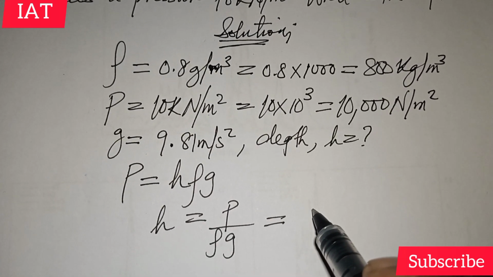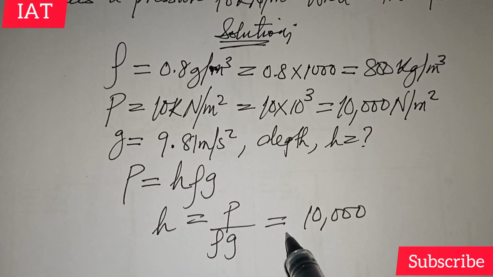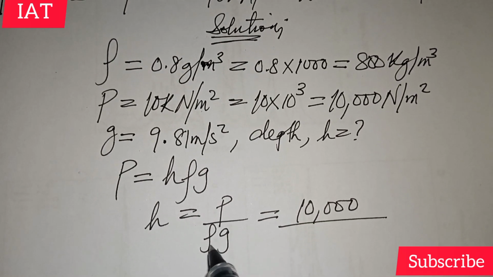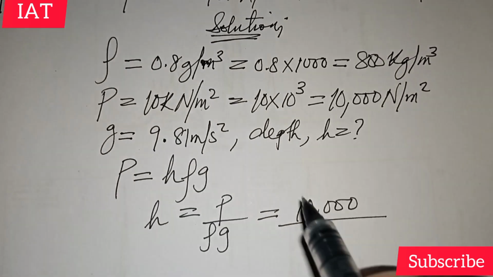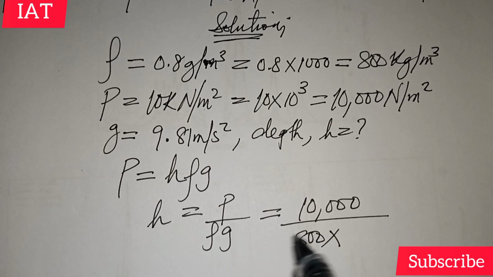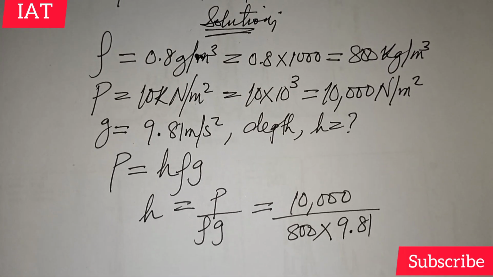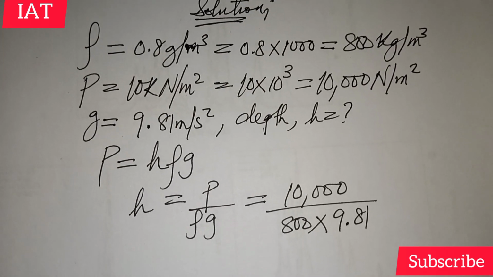So there we substitute these values into it. The pressure already is 10,000, divided by the density, which is 800, multiplied by 9.81. Let's do the calculation quickly.